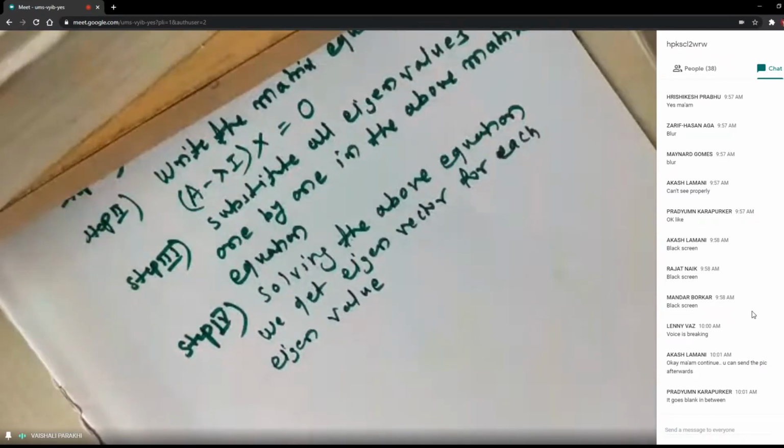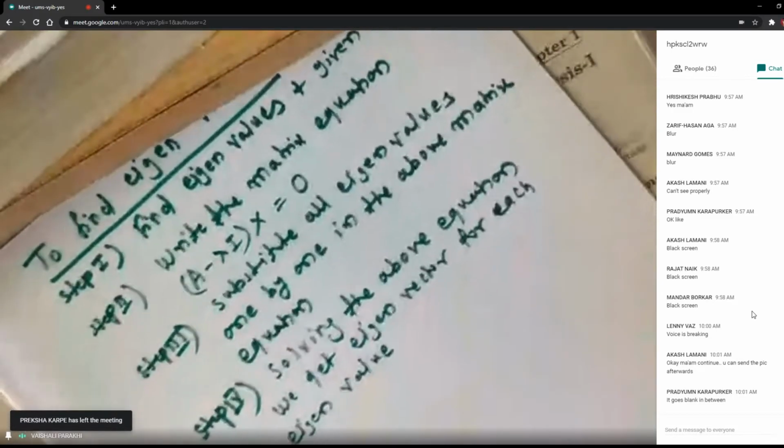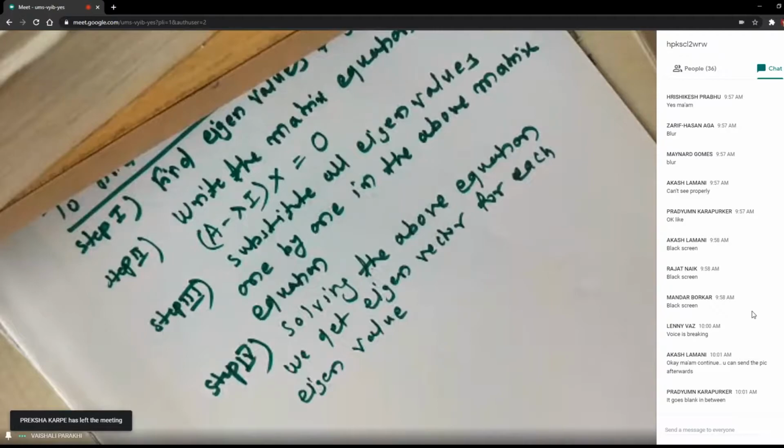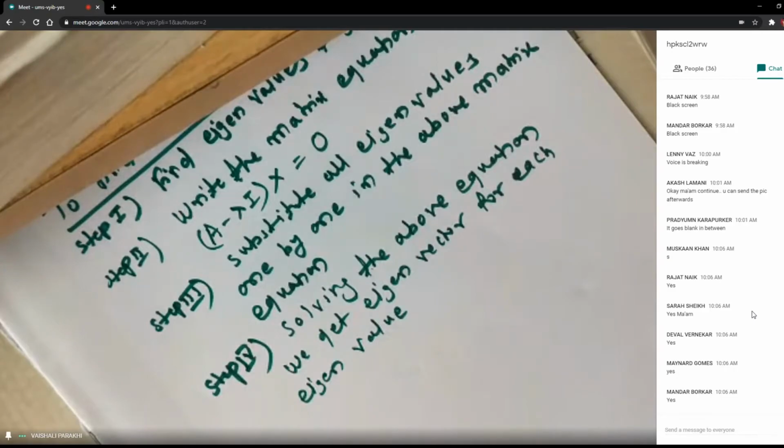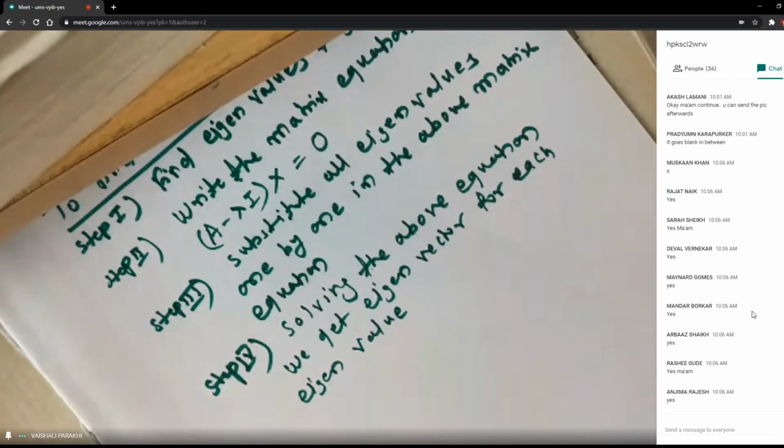I repeat the last step, students. Solving the above equation, we get eigenvector for each eigenvalue. Okay. Could you write, students? Please tell me in chat box. Yes, okay. Thank you.